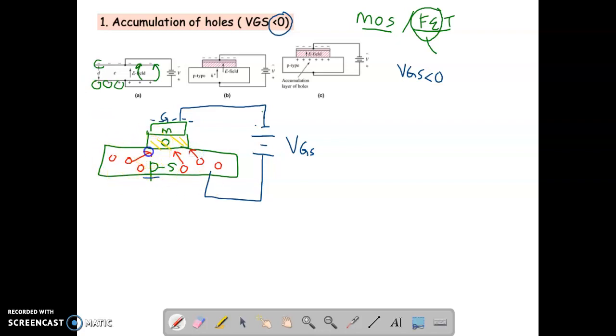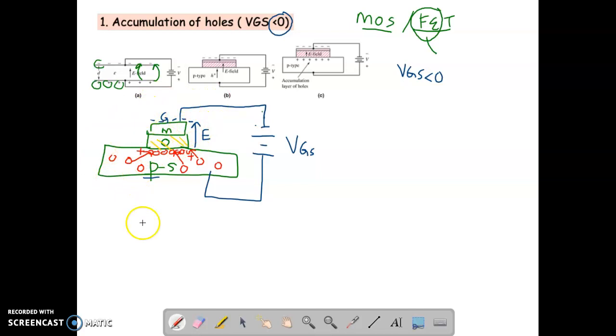So now your holes will be attracted towards below your oxide. Your hole is positive, right? As we know just now, when we have a positive charge and a negative charge, it will create an electric field pointing up. Because the charge below is positive, attracted by the accumulation of negative charge on top of your metal. So there is an electric field applied at the gate.